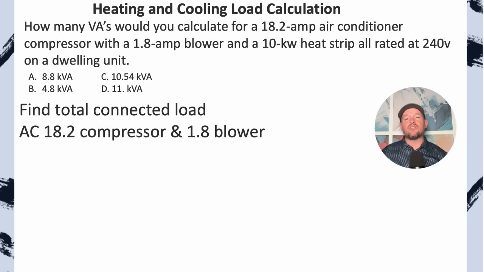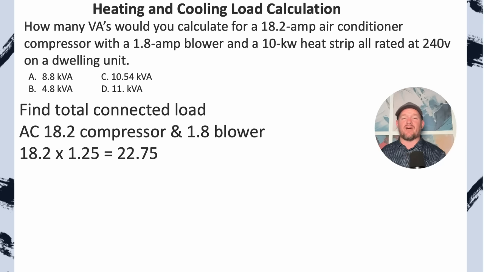Now is where we have to do a little bit of extra math. Because of 120.6, which is the code that we're applying here, we would have to take the largest motor in this scenario and multiply it by 1.25. That's going to give us a new amperage of 22.75.